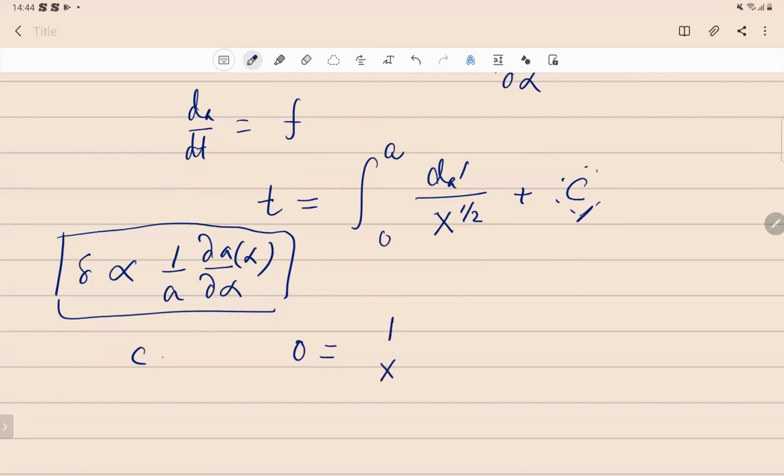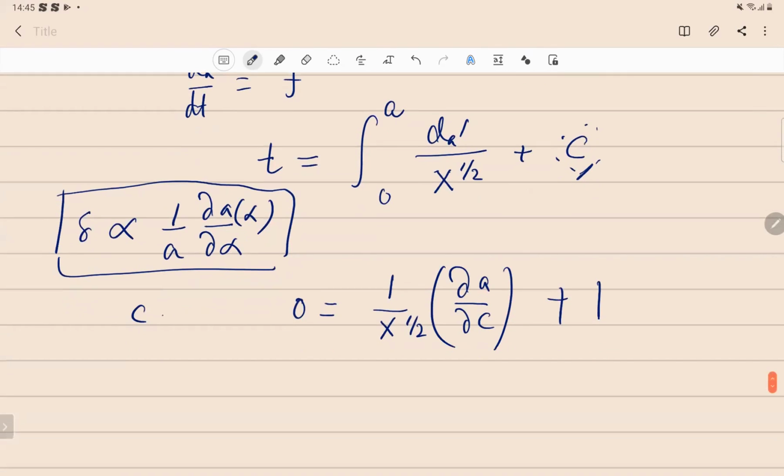So 1 by x to the power half, and then you have del A del c, the upper limit, and then this will be 1. So from the first, you get del A del c equals x to the power half. The minus sign doesn't matter because it's an overall sign.